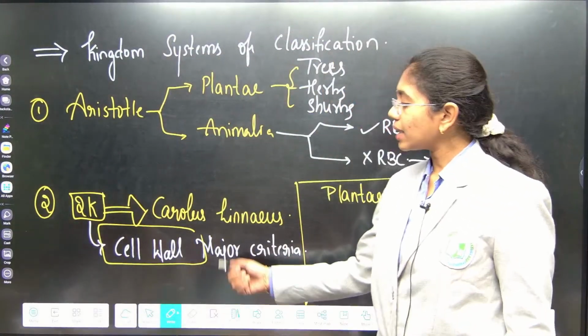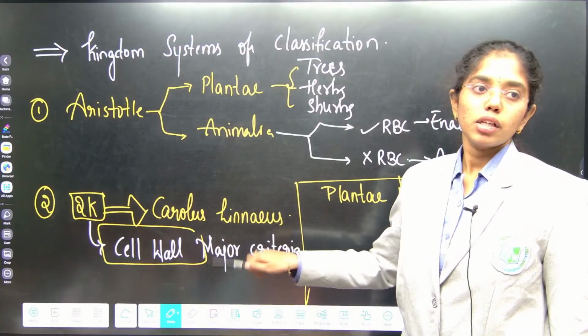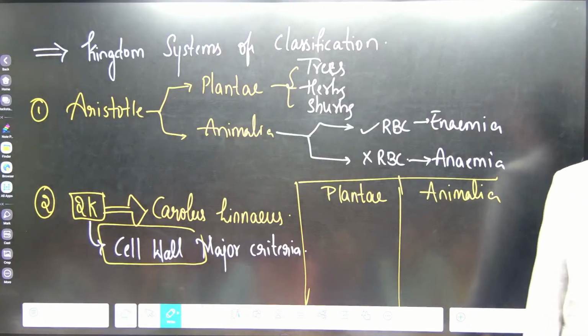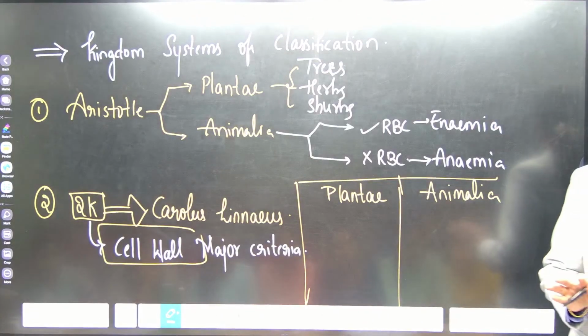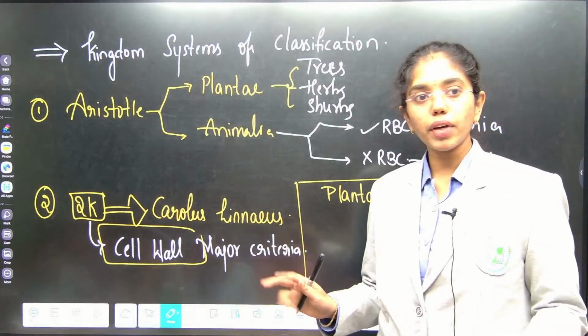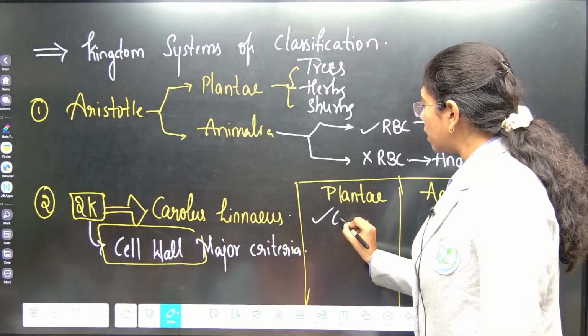But amongst all of them, the major criteria is cell wall. So all the organisms, be it prokaryotic, eukaryotic, unicellular, multicellular, autotrophic, heterotrophic, if they have a cell wall, they are placed under Plantae.